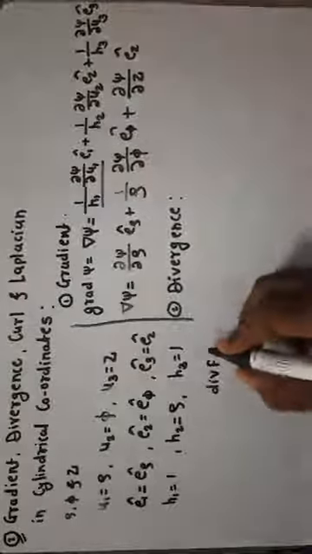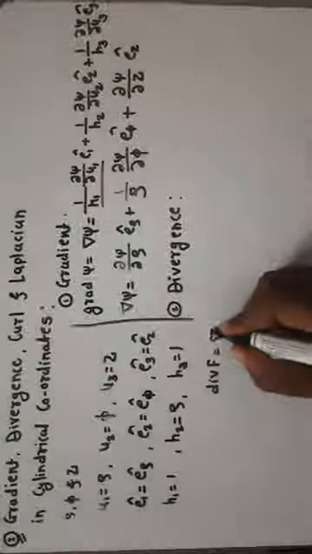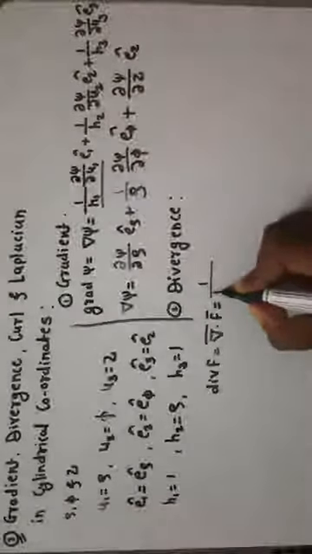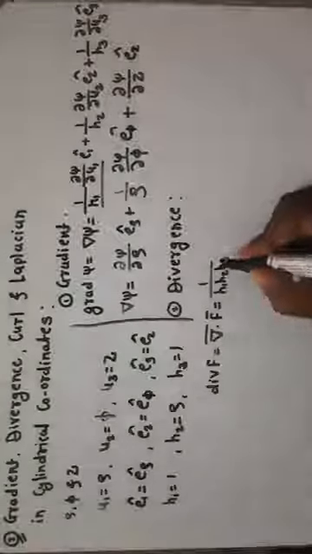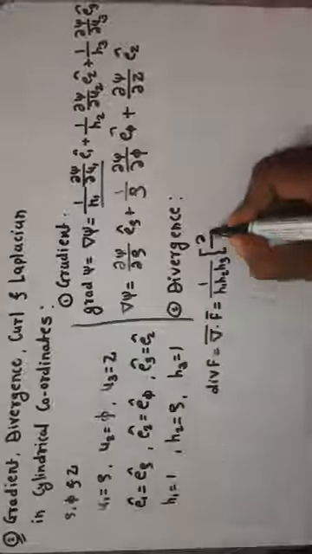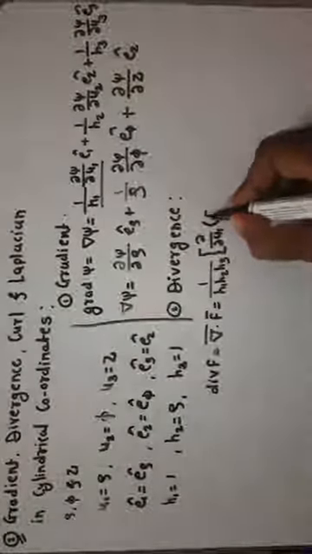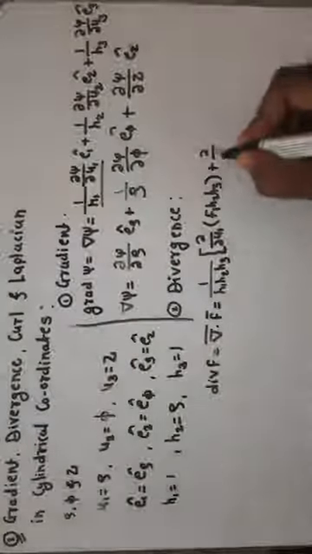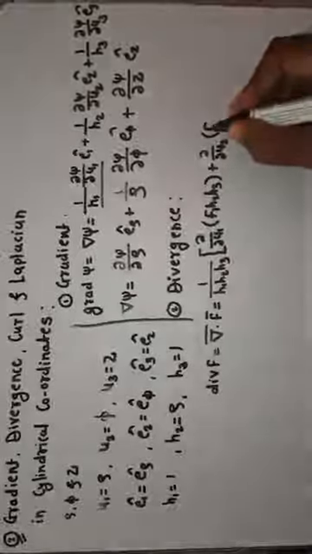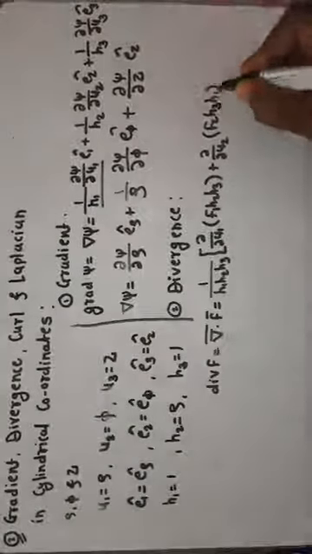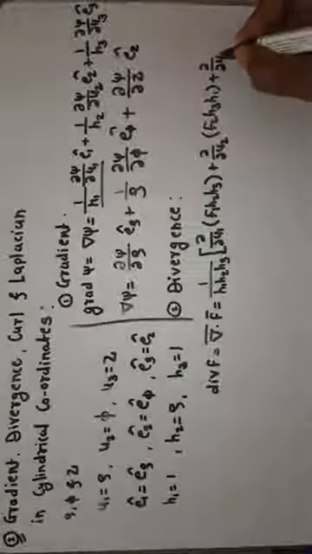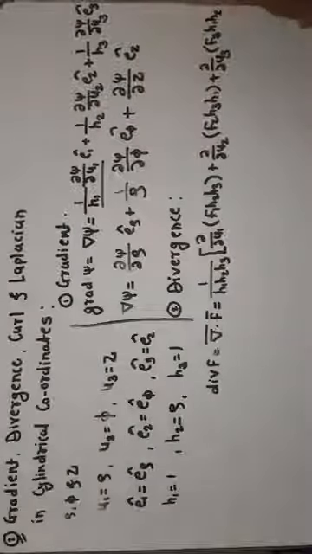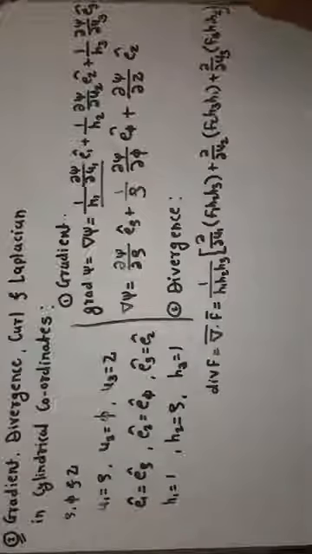Divergence of f bar is equal to 1 upon h1 h2 h3 in bracket dou by dou u1 in bracket f1 h2 h3 plus dou by dou u2 in bracket f2 h3 h1 plus dou by dou u3 in bracket f3 h1 h2, whole bracket complete.